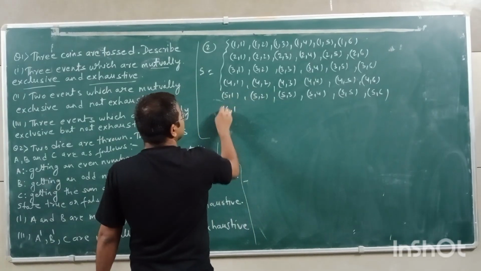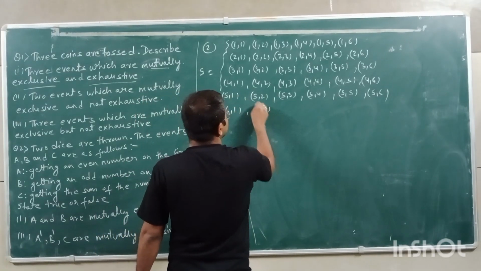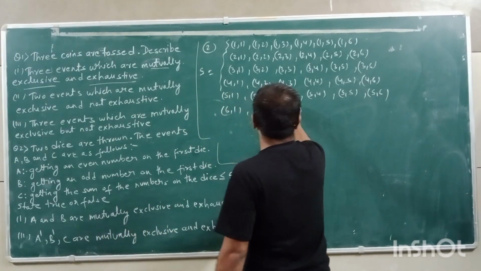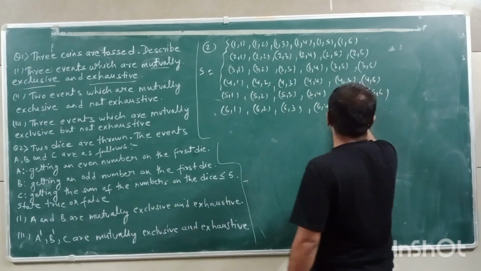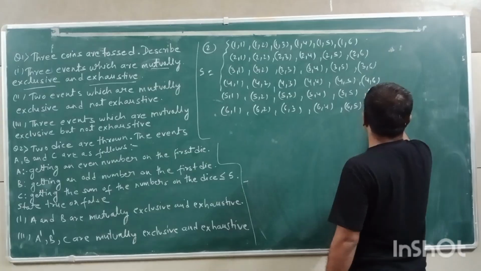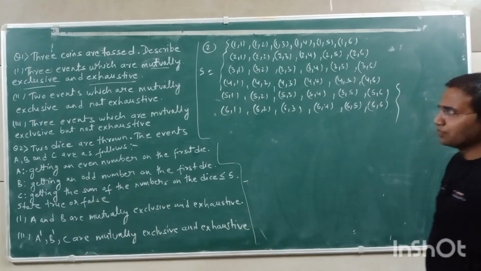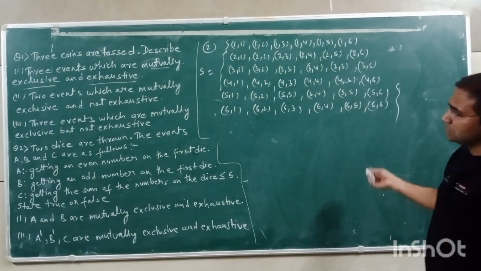Then 6 1 through 6 6. In this way you will write the sample space.